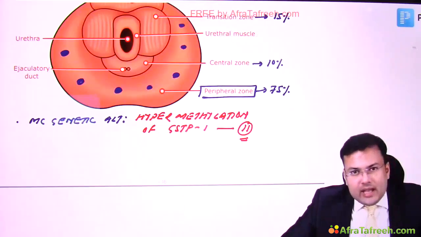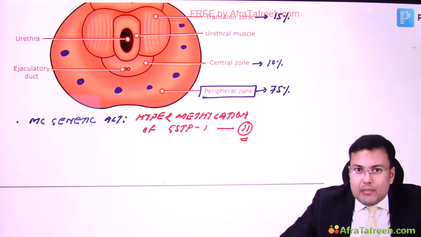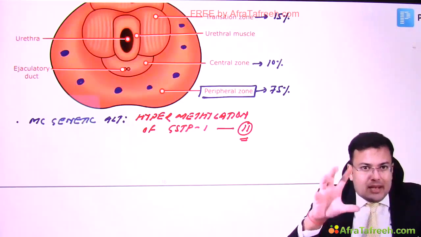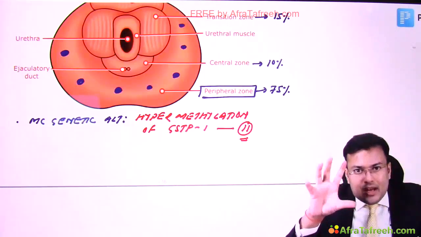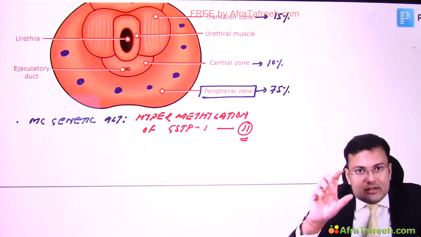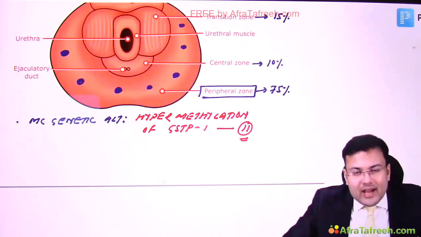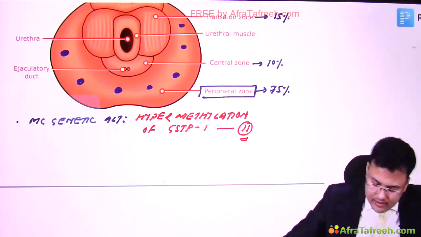Then in pathology, another question which is asked is: what is the difference between benign and malignant glands? See, in malignant glands there is rapid division, and because of that these glands are relatively small, crowded and lack branching.